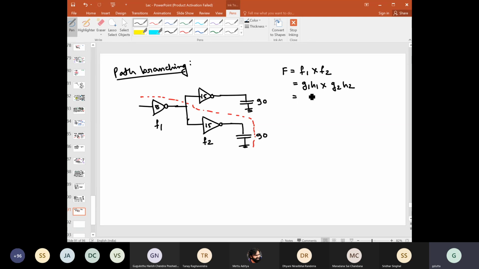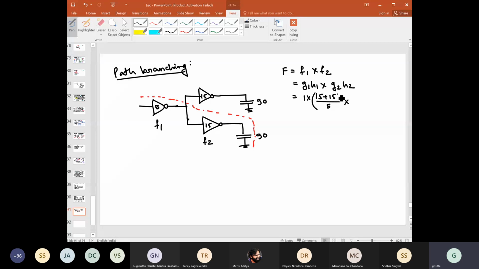You know this is an inverter, so the logical effort G would be 1. And H is the output capacitance by input capacitance. For the first inverter, the output capacitance is 15 plus 15, because it is driving this 15 as well as this 15. So it is 15 plus 15 output capacitance by input capacitance 5, right?